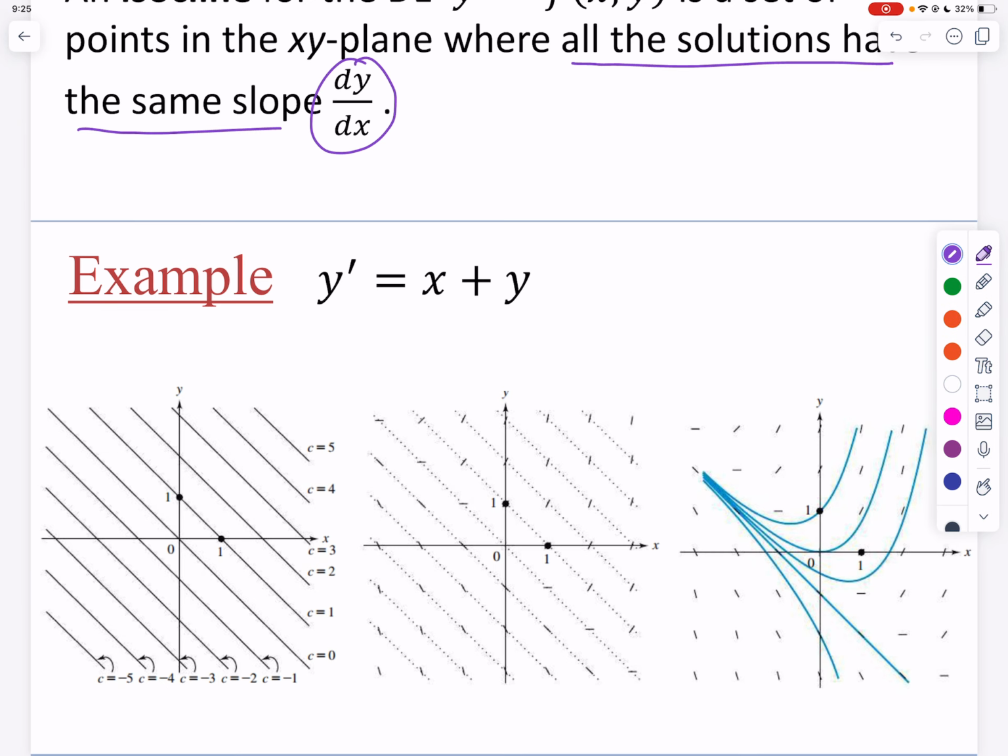Here, the isoclines are straight lines. So you could say x plus y equals c, or you could say y equals the opposite of x plus c, and of course, c is any constant.